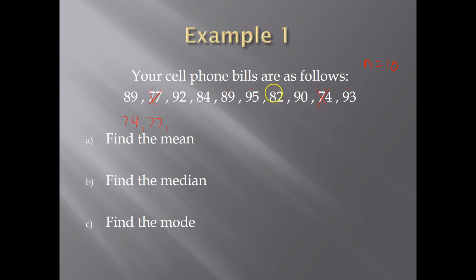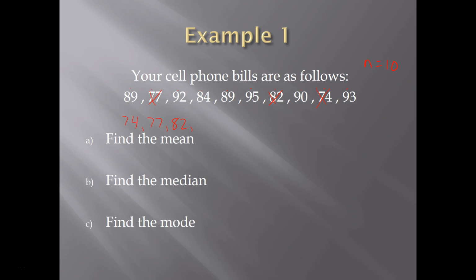The next biggest one after that is 82, so let's put that in. As I'm doing this, I'm crossing them off my original list. I like to do this because if I cross them off as I rewrite them, I won't count the same number twice, or forget to count a number.